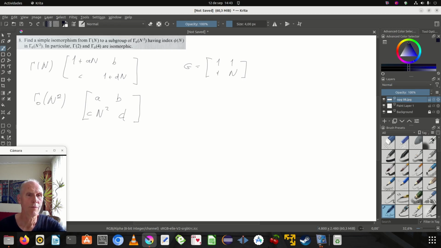The point is we should have c multiplied by n, so we should have n in the first row when we do it from the right. Let's see what this gives. And the inverse of this, it has determinant n minus 1. It doesn't really help us now.